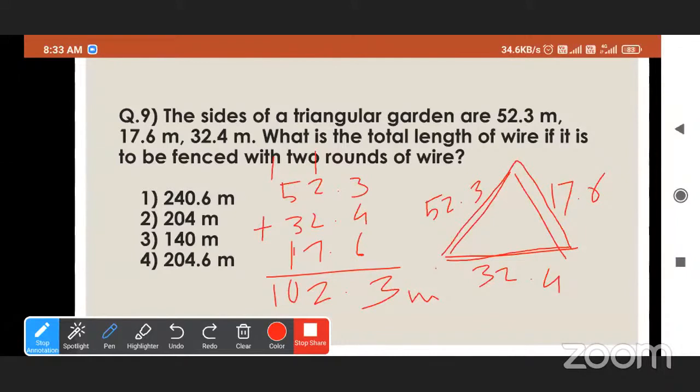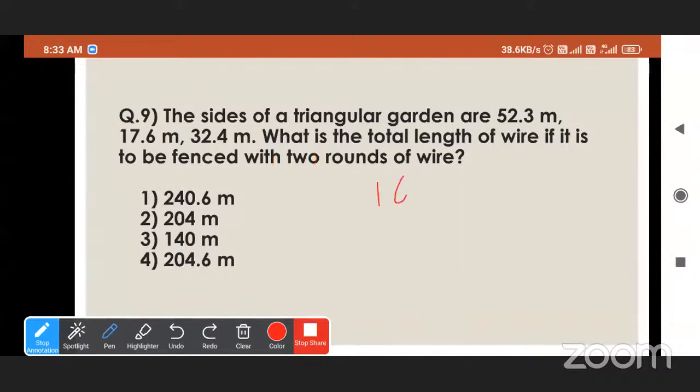See here, what is the total length of wire if it is to be fenced with 2 rounds? We have to fence it with 2 rounds. So we must multiply 102.3 meter by 2.